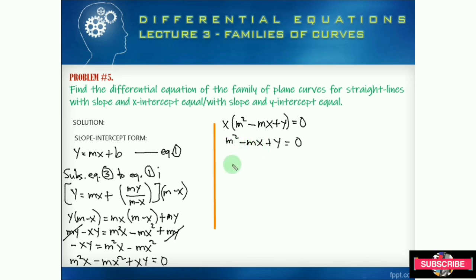But take note that our m is equal now to dy over dx. Okay, so we can substitute now this m here, replacing m with dy over dx, or we can simply assign this one as y prime, to shorten this one.